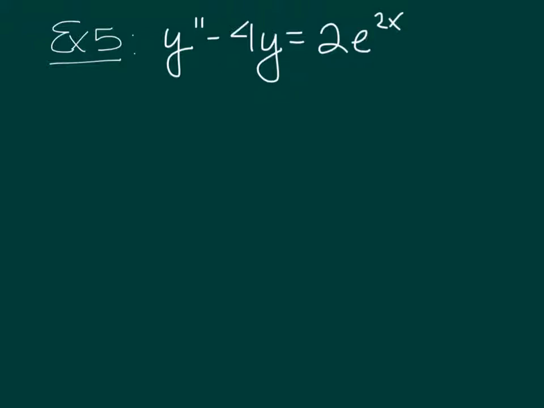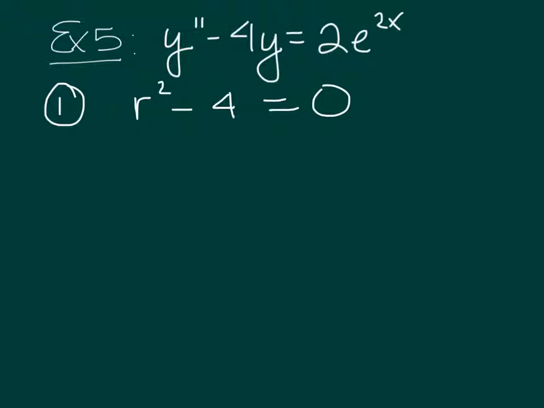So we start with step 1, which is solving the characteristic equation to the homogeneous, to find the general solution to the homogeneous equation. But notice we already did this in example 3.